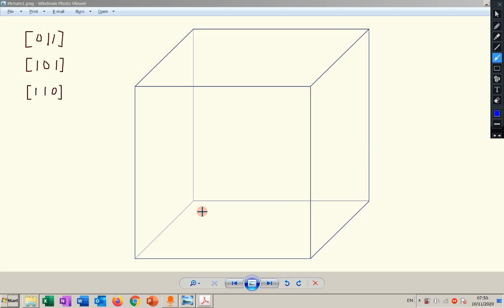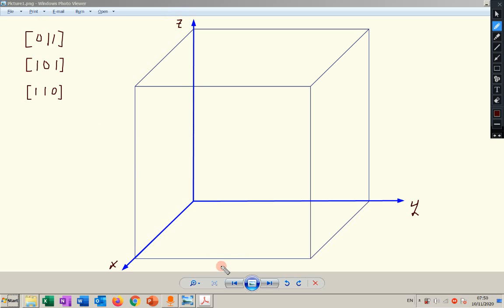Now, assuming this is the origin, x-axis, that's gonna be y-axis, and this will be z-axis. We said that in order to draw, we will assume that the tails are at origin.